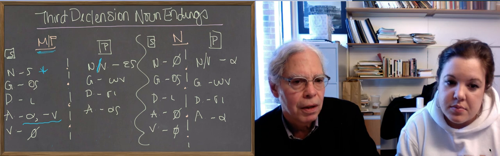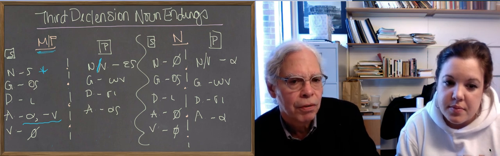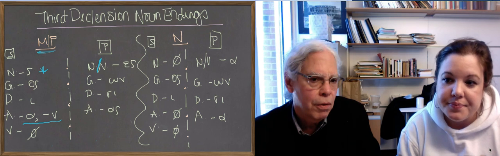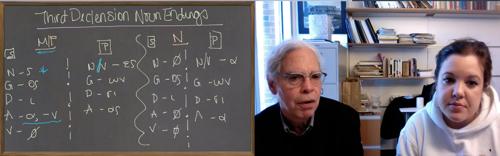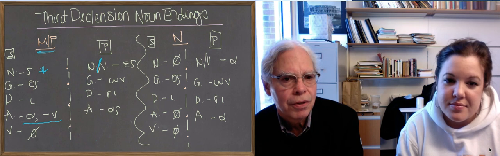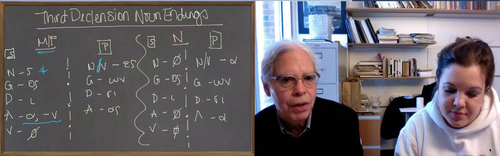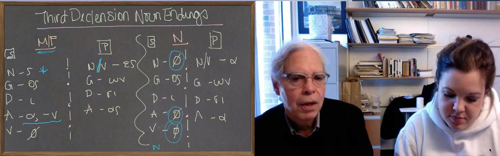And finally, as, that's an alpha there, for the accusative plural for masculine and feminine nouns. The neuter forms are the same, except that the nominative, the accusative, and the vocative singular are all nothing. That's not a phi, that's a zero, or a zero with a line through it, in the nominative singular, the vocative singular, and the accusative singular.